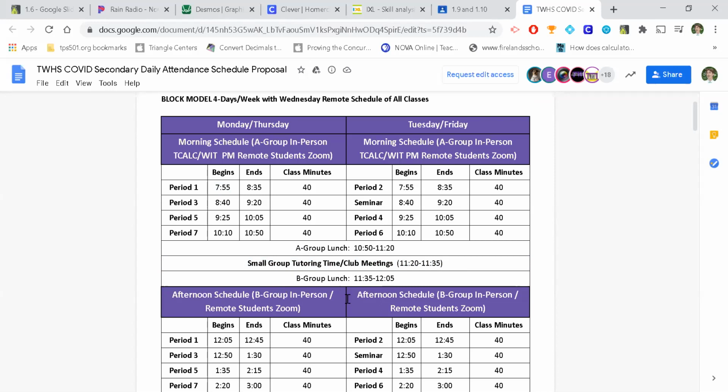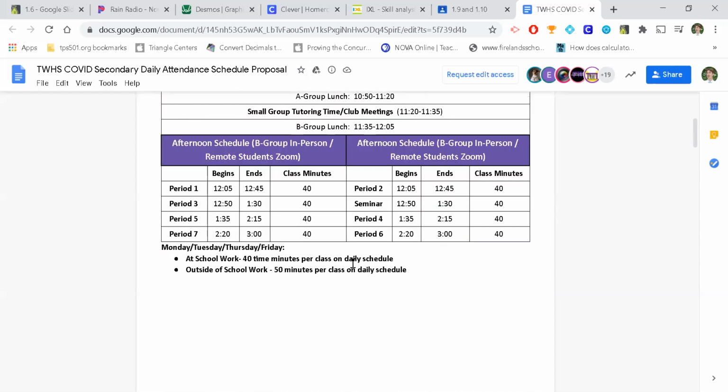Or if you're in B group, you could get to school early and stay until you need to take lunch and get some help. Supposedly club meetings will happen then too. I don't know what that's going to look like. Okay, that's the in-person.